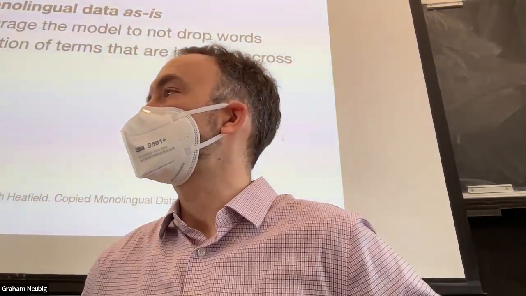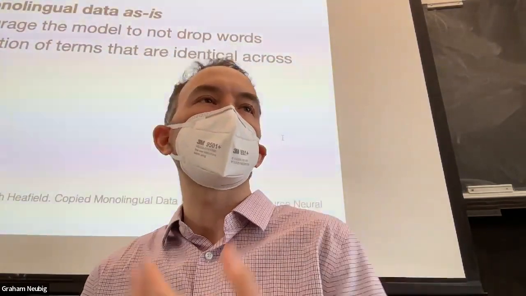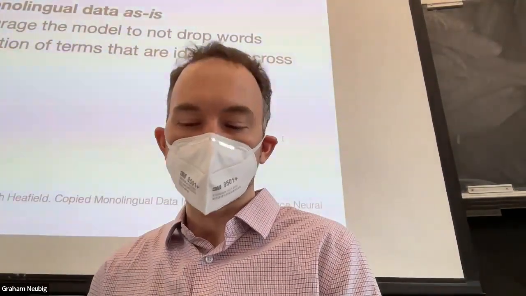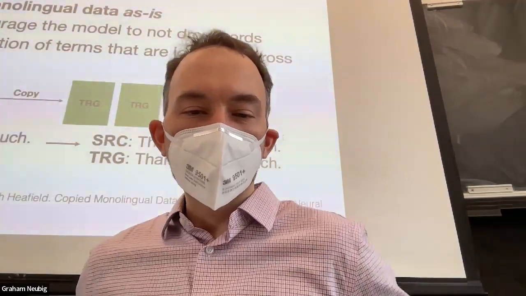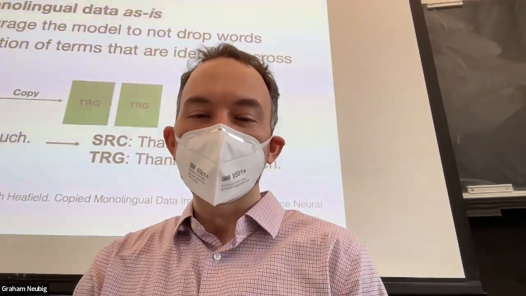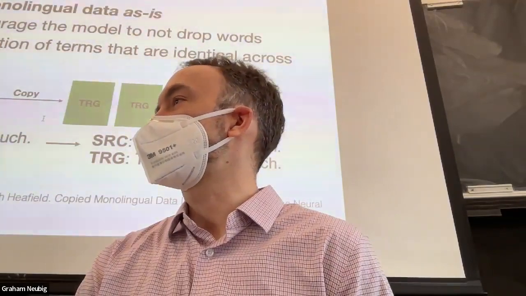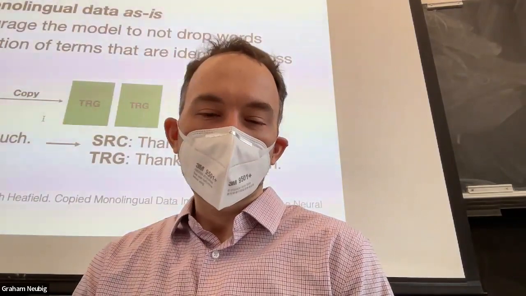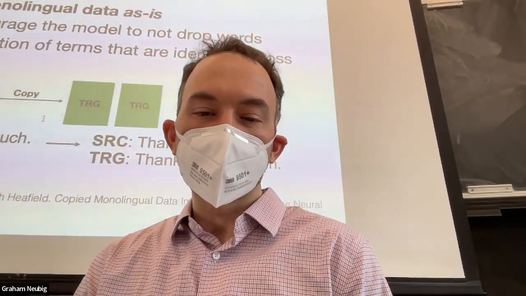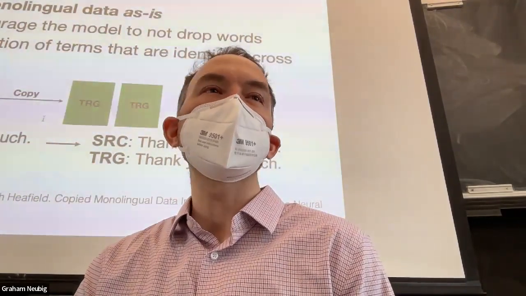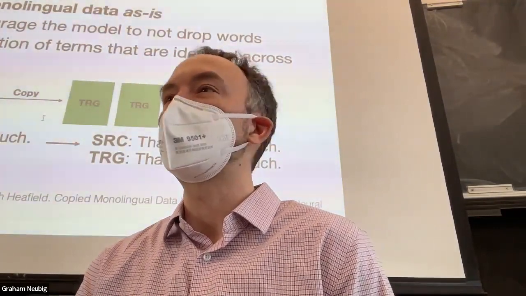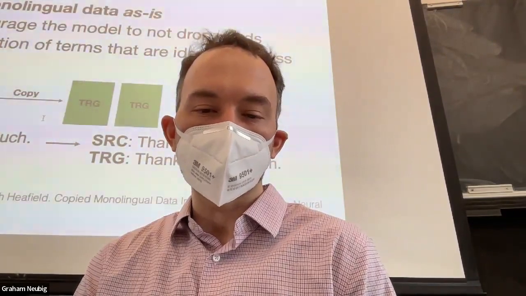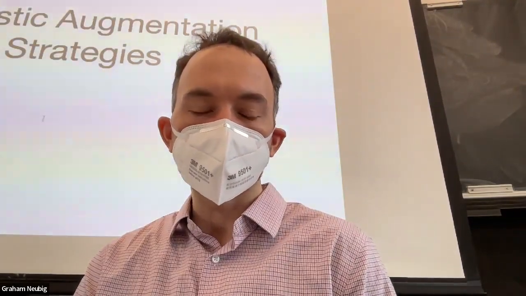So you might get a back translation system that's very good at getting the structure right, but gets all of your proper names and entities incorrect. One thing you can do here is just copy the target data into the source data, and then you're done. This guarantees to maintain the entities or the rare words, so that will help mitigate these issues of vocabulary being dropped.